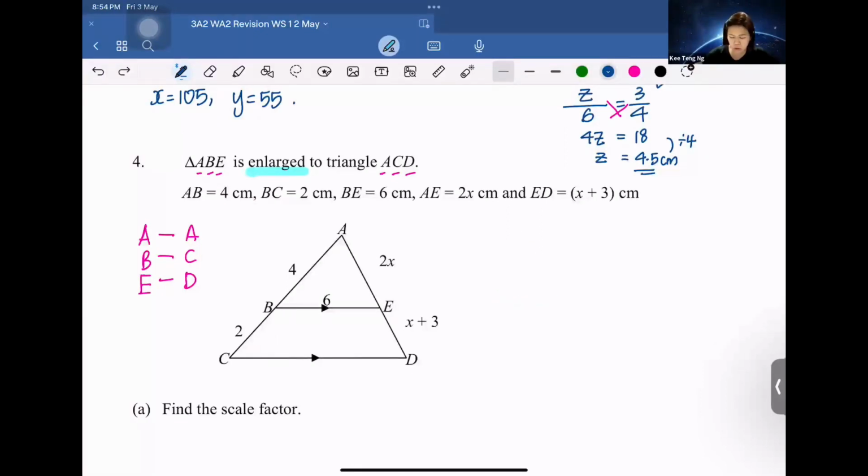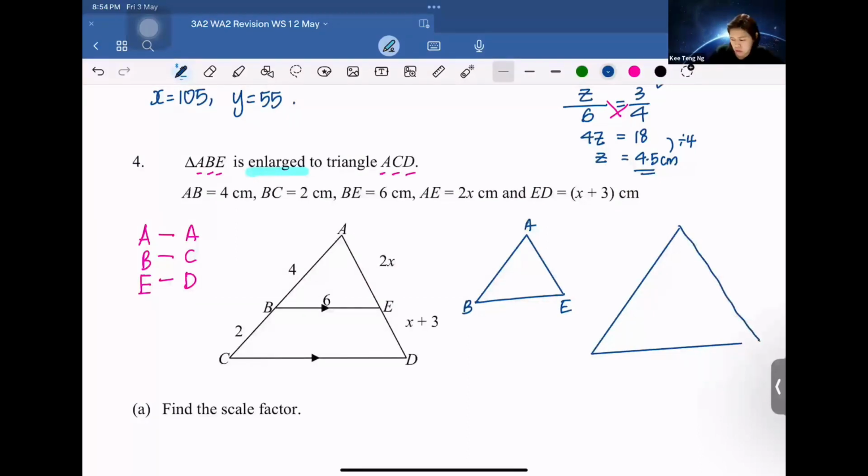Oh, my drawing is so ugly. A small triangle ABE with the big triangle ACD.